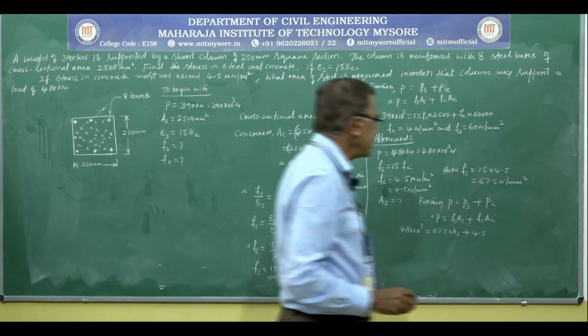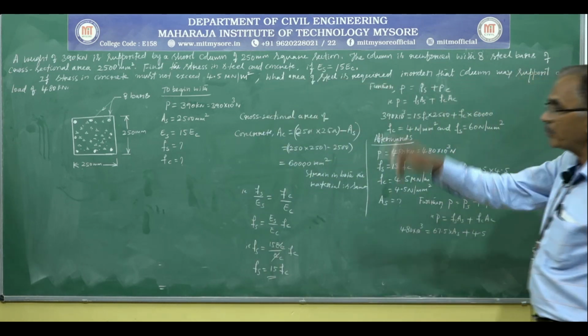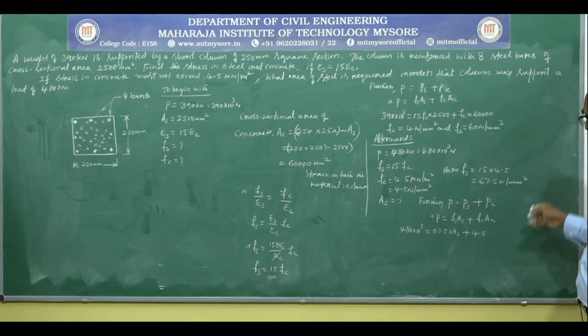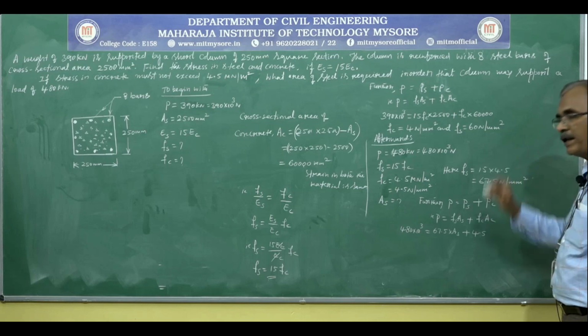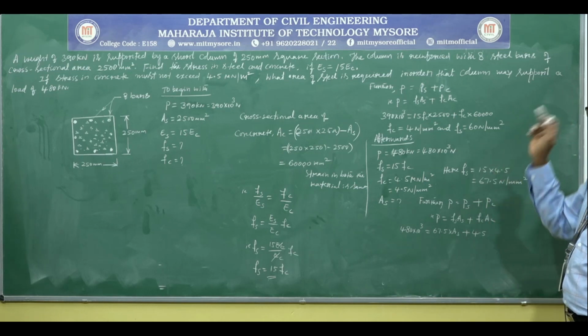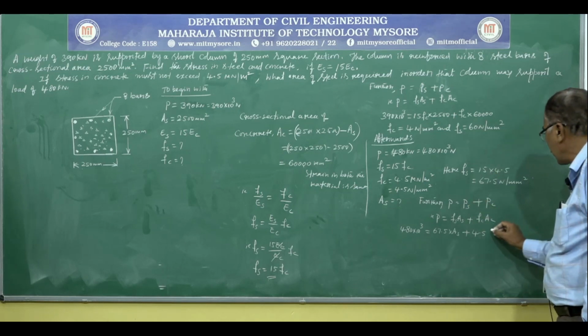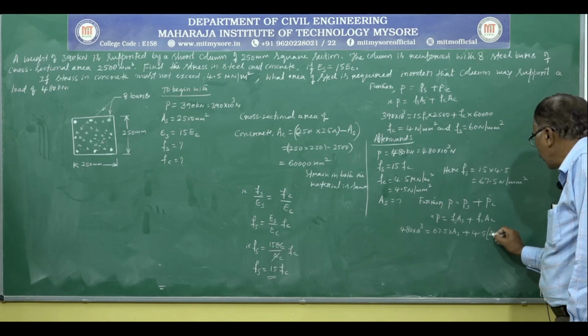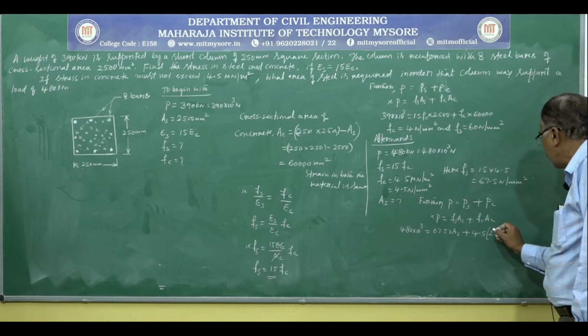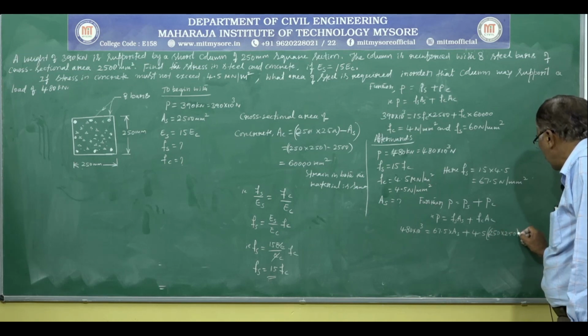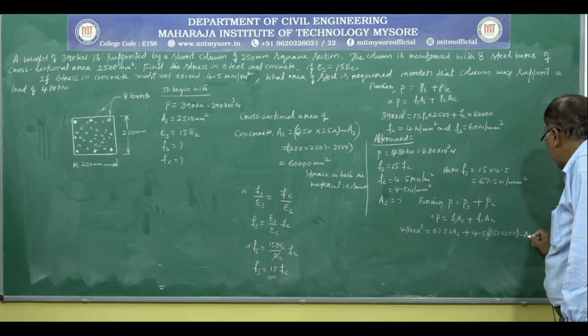Here area of column is known, but area of concrete is not known because we don't know area of steel. Hence, we have to write area of concrete in terms of steel only, that is 250 into 250 minus As.